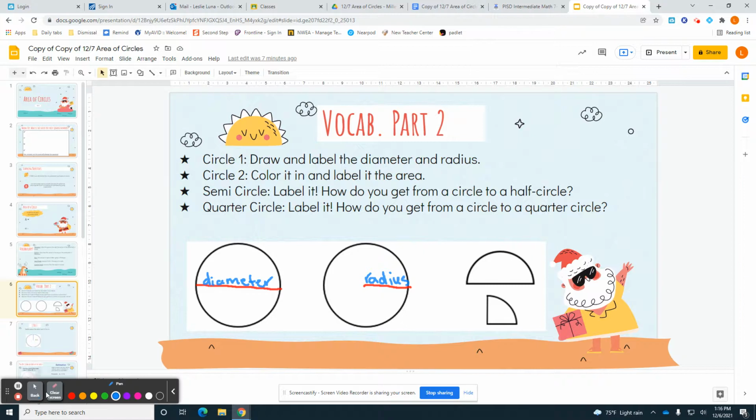Which one do you think is going to be your semicircle? Okay, so you said this one, you are correct. This is your semicircle. And then this would be your quarter circle. And we said a semicircle would be half the area, and a quarter circle would be 1/4 of the area. Okay?